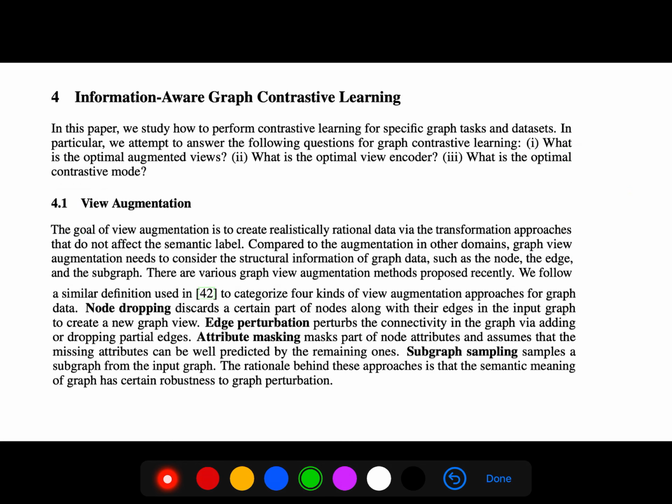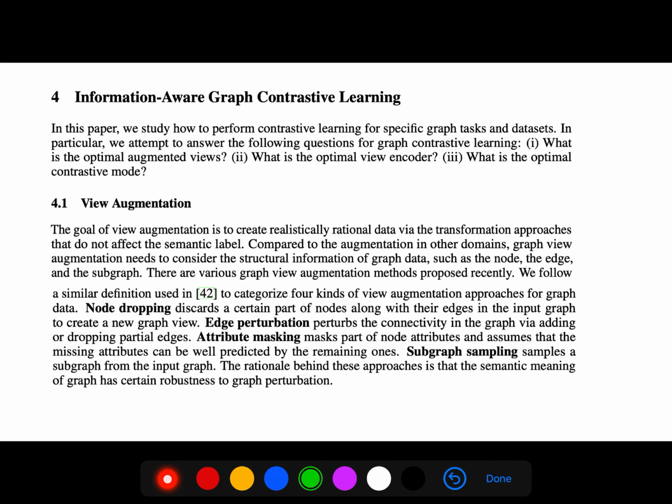And the goal of view augmentation is to create realistically rational data via the transformation approaches that do not affect the semantic label. Compared to augmentation in other domains, graph view augmentations need to consider the structural information of graph data, such as nodes, the edges, and the subgraph. There are various graph view augmentation methods proposed recently.